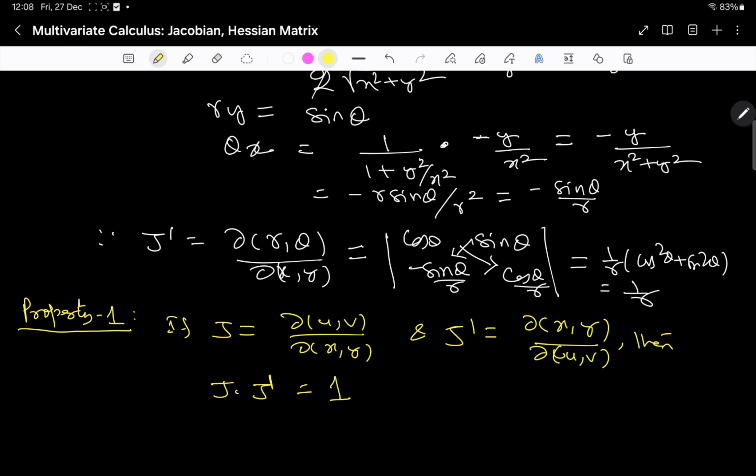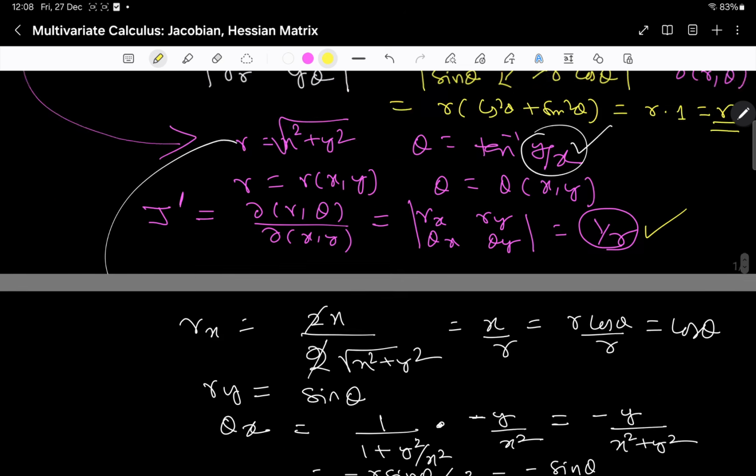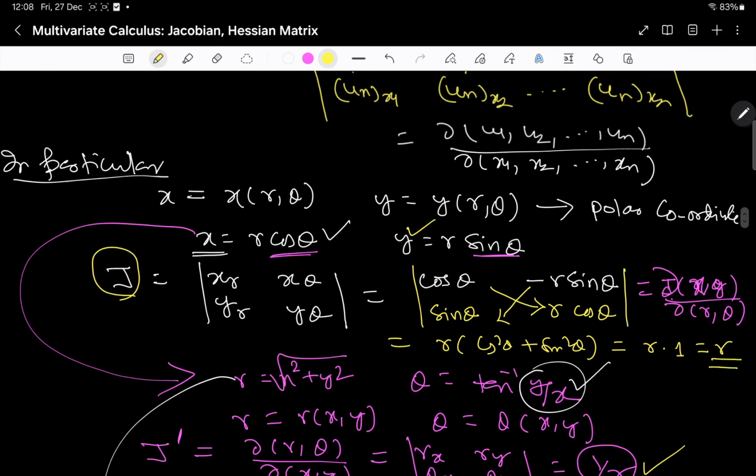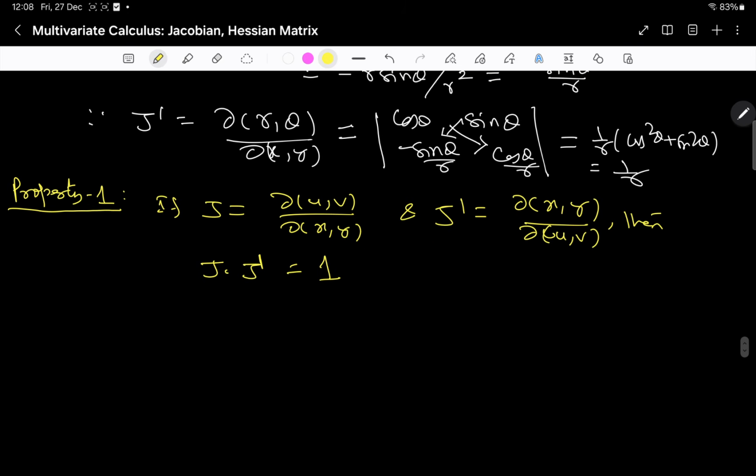As we see here, it is 1 by r and this is r. If you multiply them together, this will give you 1. Similarly, coming to property number 2, it is the chain rule of Jacobian.